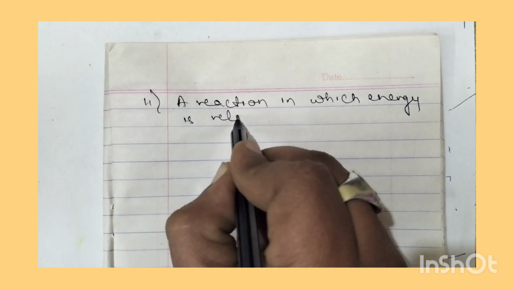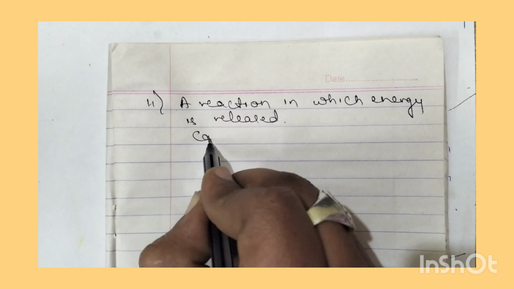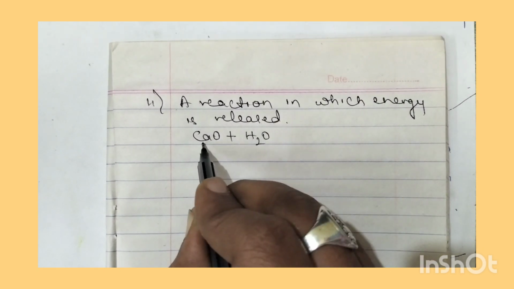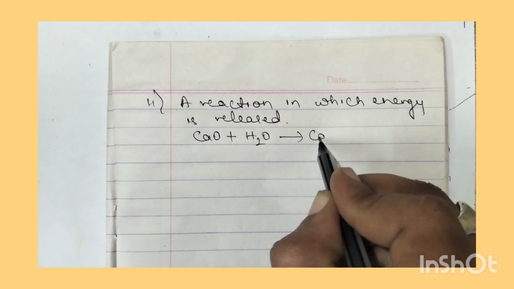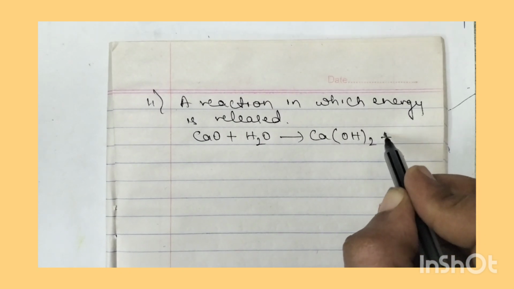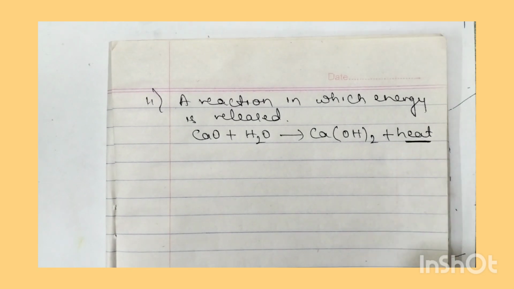A reaction in which energy is released. Example, CaO plus H2O: when quicklime is added to water, it forms slaked lime, Ca(OH)2, and along with the formation of slaked lime, it releases energy in the form of heat. Therefore, it is an exothermic reaction.